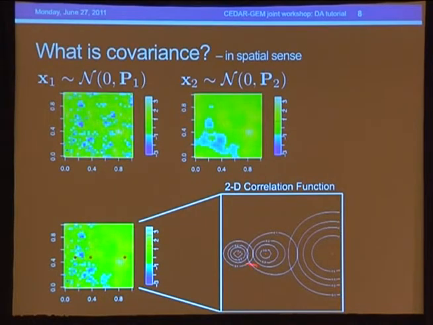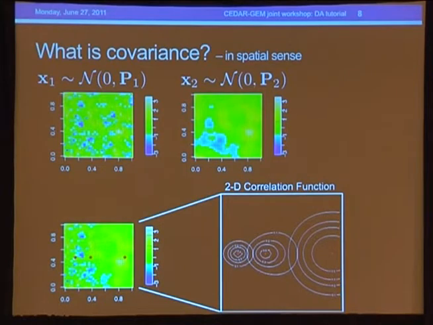If you use a correlation function that is not correct for this domain, we are going to spread the information incorrectly. So that's the importance of covariance. We want to get the mean state right, but the covariance also has to be as accurate as possible. Okay, so that's the role of covariance.